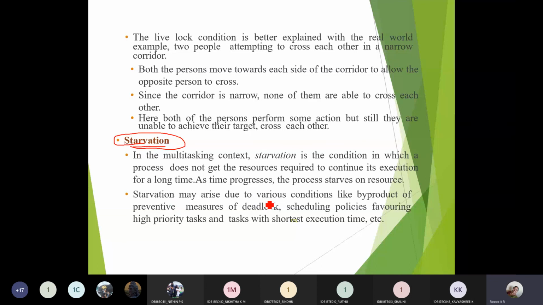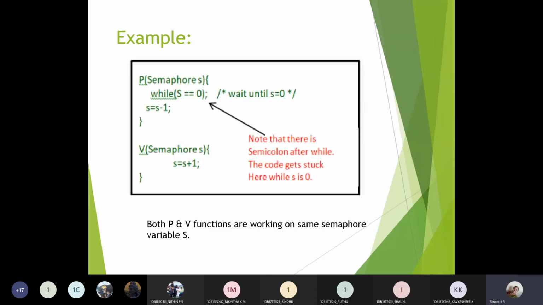This wait state can be due to a deadlock situation, or due to the scheduling policies given by the operating system, or scheduling the high priority threads first and giving the resources to the next ones, which are not of such high priority. All these things give rise to the waiting time, which is called starvation.